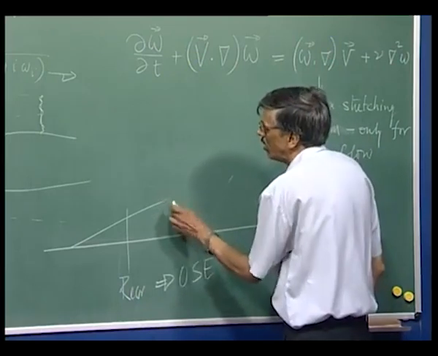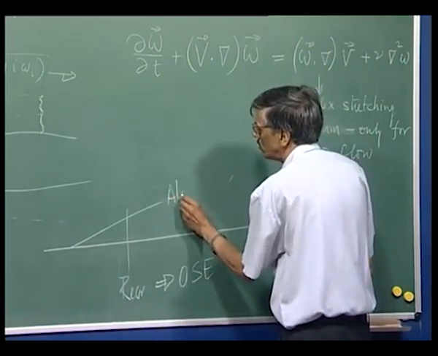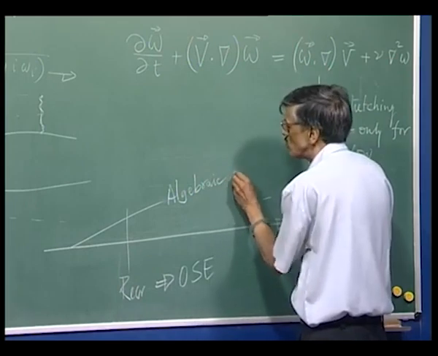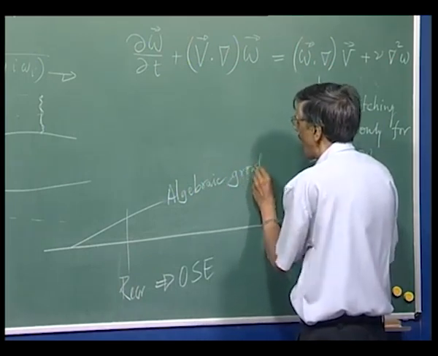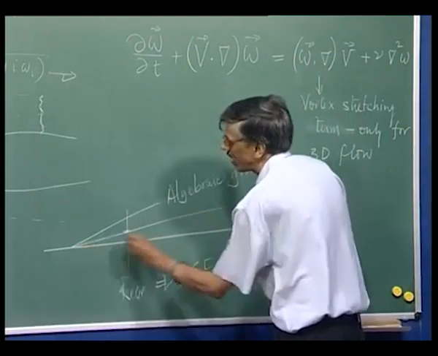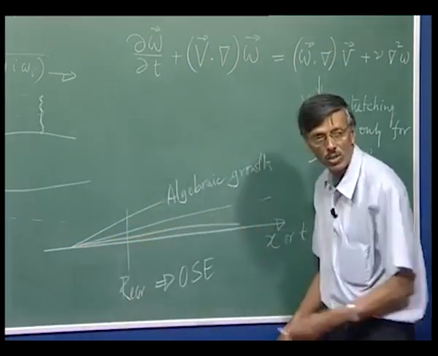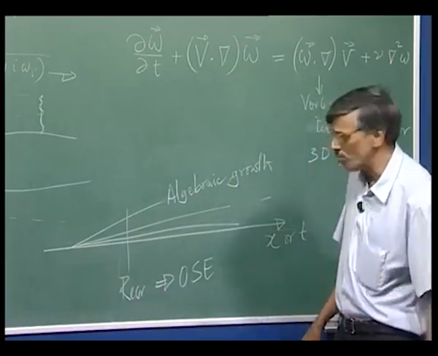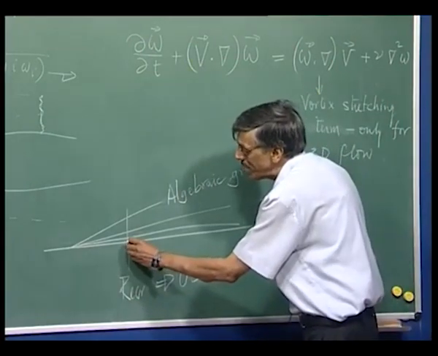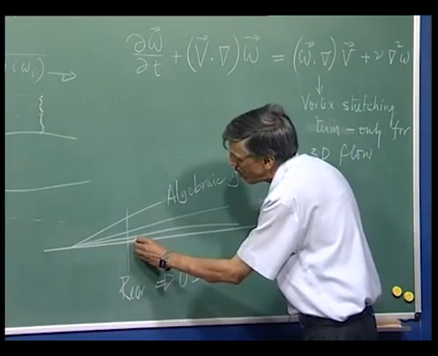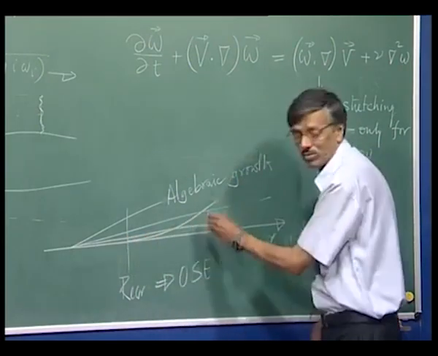So this is your algebraic growth. I could have different types of algebraic growth, this kind of growth, or milder growth, and so on. What happens with the OS mode? The OS mode picks up from here. Up to here it does not exist. So it picks up from here and then it goes like this.